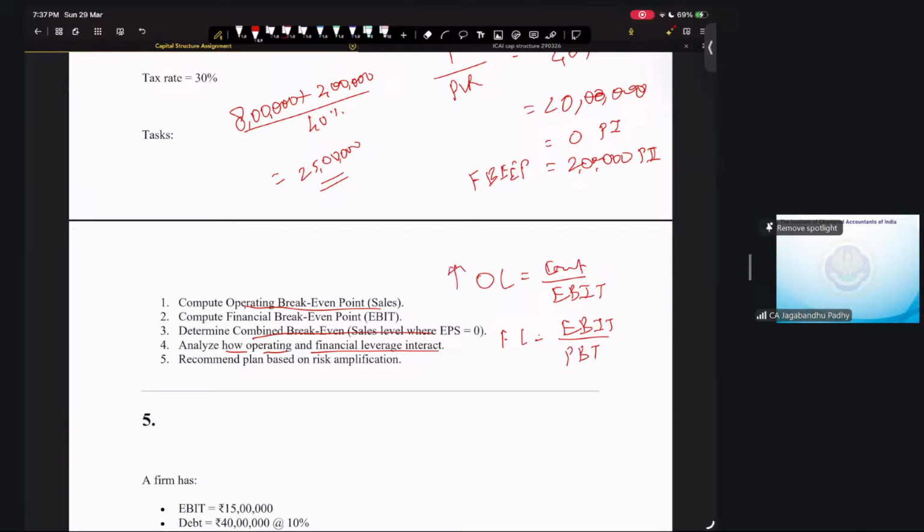If your operating leverage is high, this means your EBIT is lower. And as the EBIT is lower, financial leverage is also going to be lower. It can be done on an intuitive basis. If your operating leverage is high, EBIT is going to be lower, and if your EBIT levels are lower, of course, the financial leverage number is also going to be a bit lower.